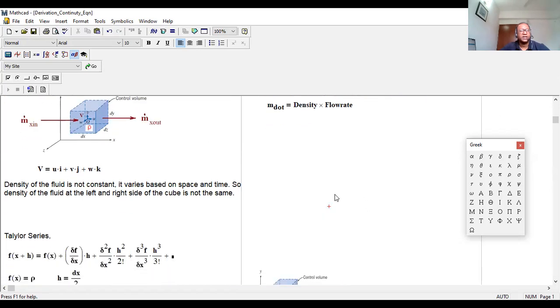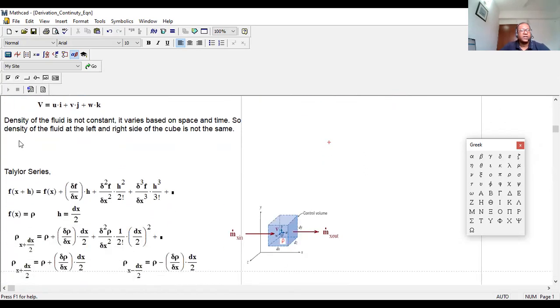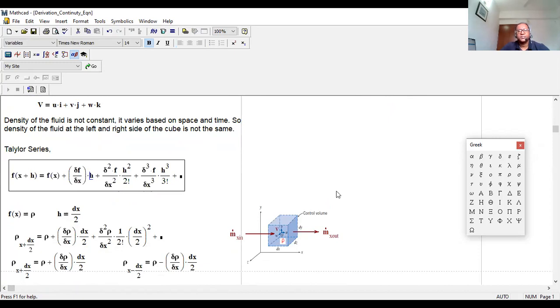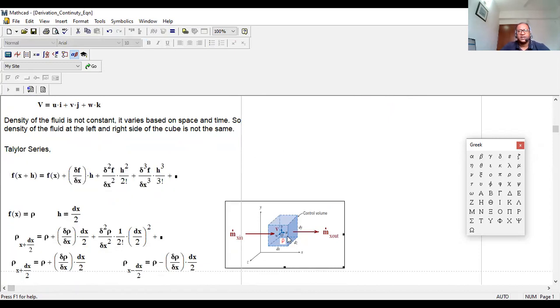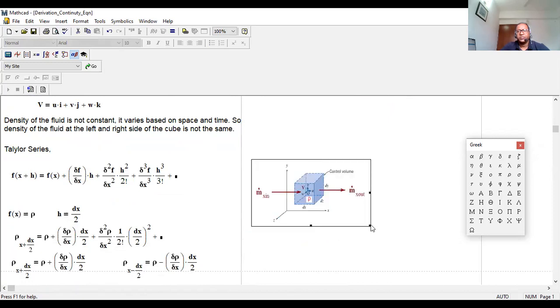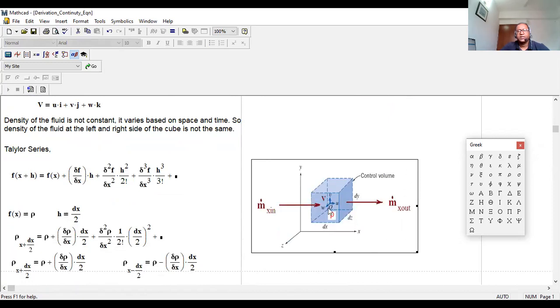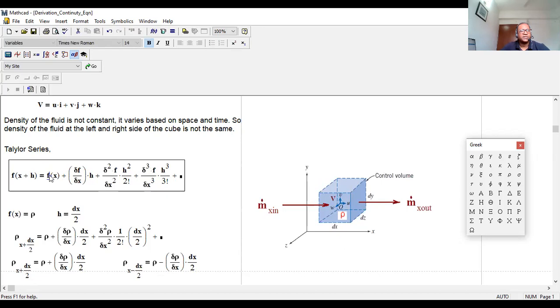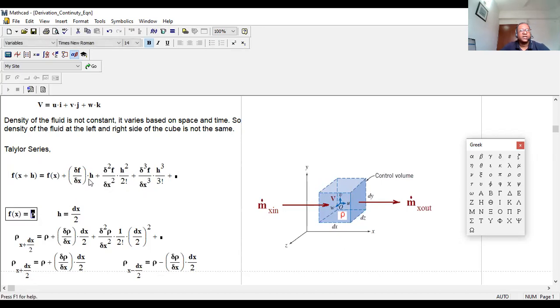That's the intention. So here I was trying to show you by Taylor series. At the center, density is rho. So what will be the density at distance dx by 2? f(x) will be rho, and you put dx.